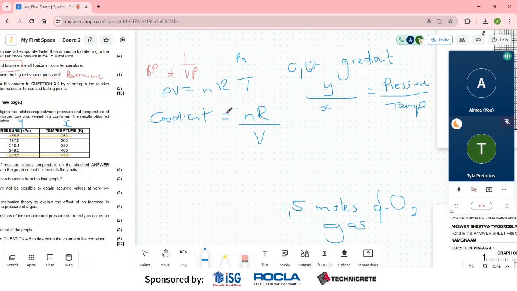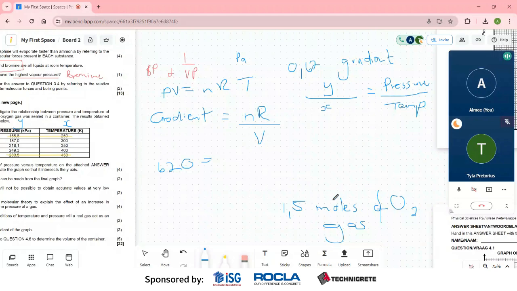Remember that your pascal value is going to be larger than your kilopascal value. So we need a bigger value for pascals than we do for kilopascals. So we multiply our gradient by 1,000, so that conversion is correct. So that means our gradient is now 620 with our conversion.